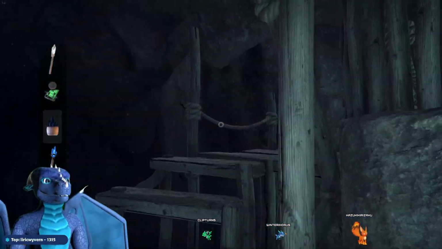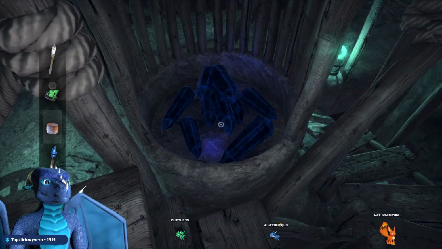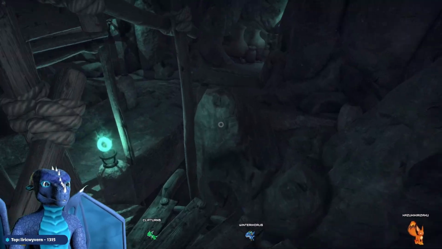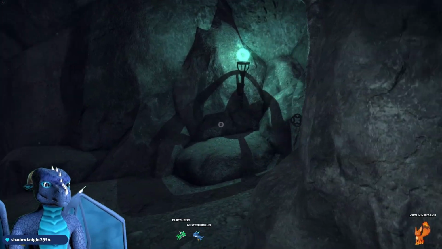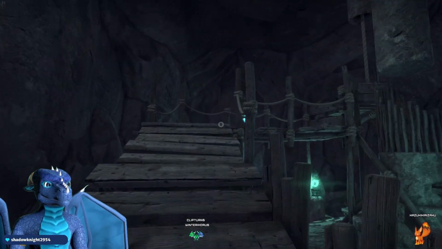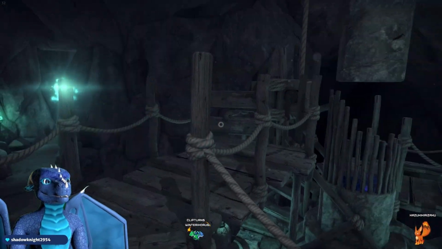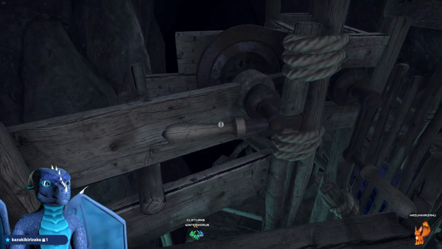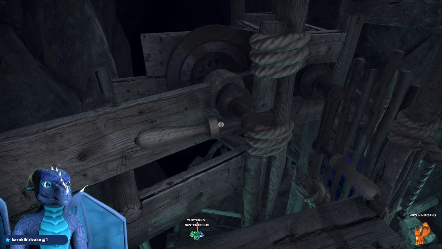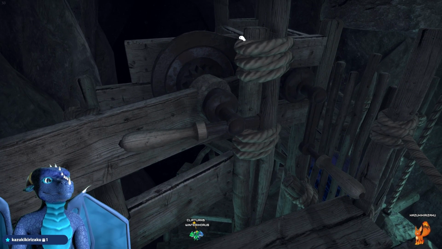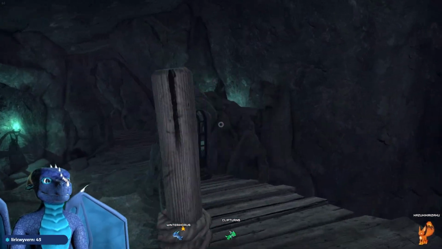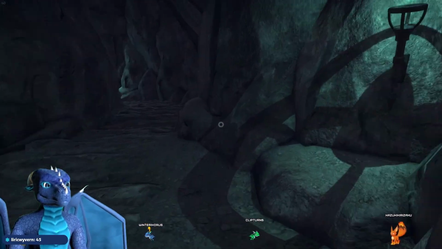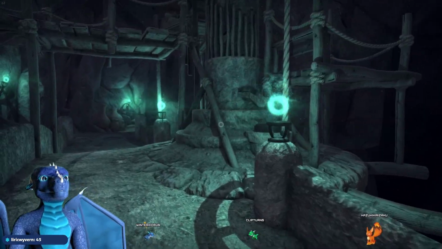When we come back over here, place the crystals down in there. And then come back over here and release it to crush them. There we go. It's a little fiddly, but I think it worked.